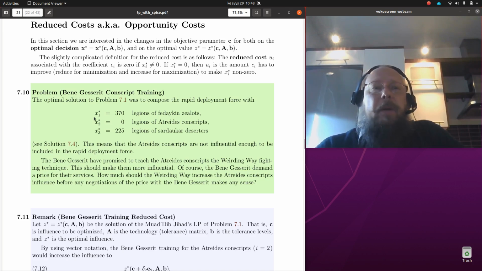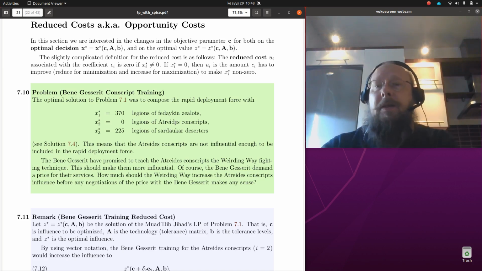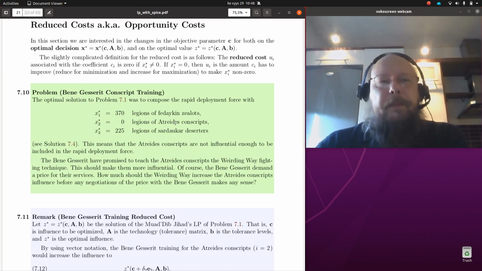So remember, Fedaykin had an influence 10, conscripts had influence 1, and the Sardaukar had influence 7. So obviously the conscripts had very little influence, so maybe we can improve their influence, and then it could be useful to have them.